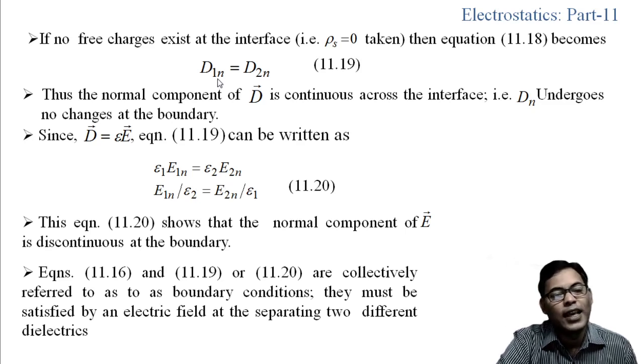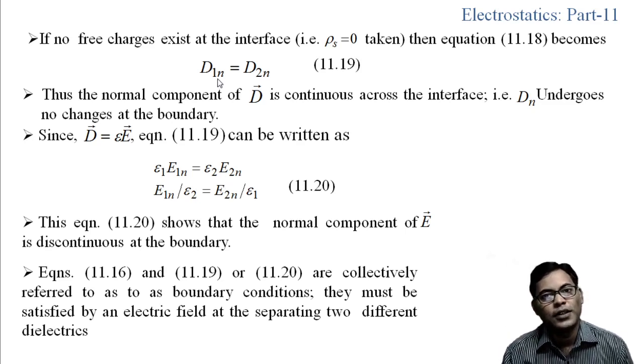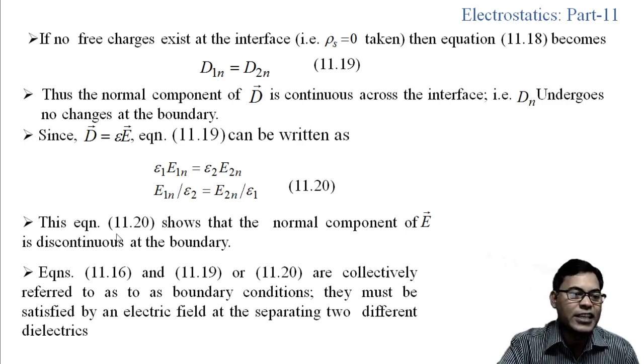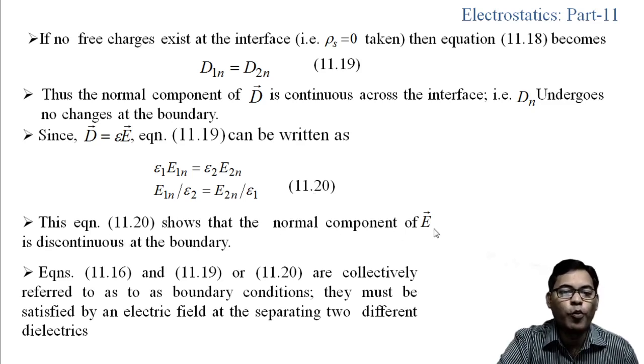Now you see that the normal component of the flux density is same in medium 1 and medium 2, but the normal component of the electrostatic field intensity is not same in medium 1 and medium 2. So that is written here. This equation 20 shows that the normal component of E is discontinuous at the boundary.